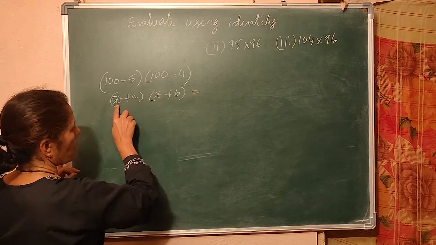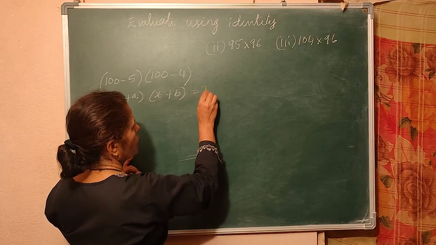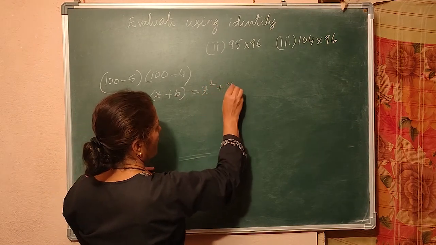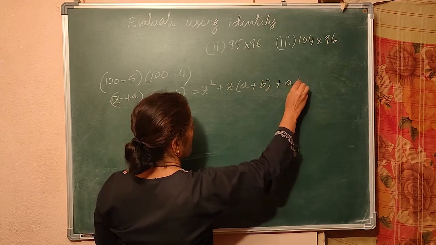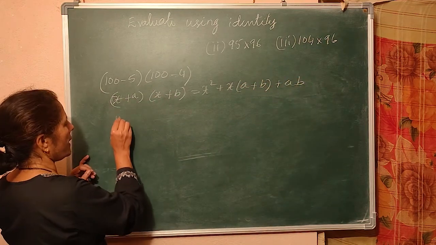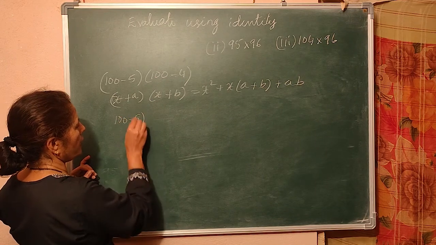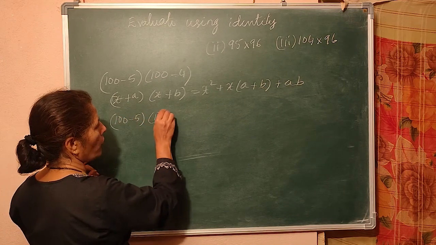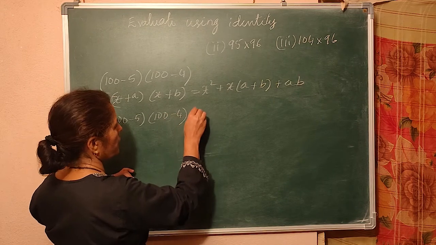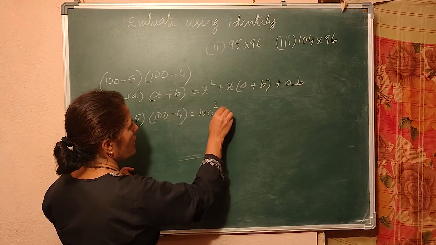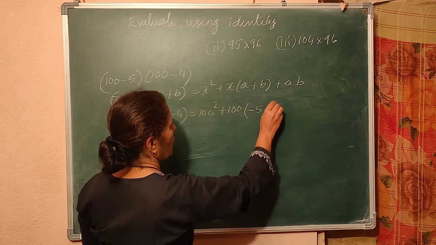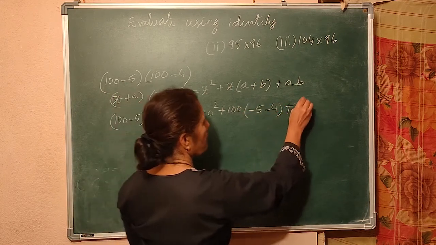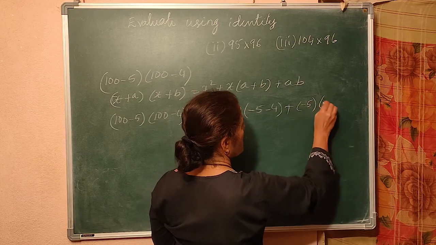So in the place of x, what is a? x square plus x into a plus b plus ab. This is your final answer. Therefore, 100 minus 5 into 100 minus 4 is equal to 100 square plus 100 into minus 5 minus 4 plus minus 5 into minus 4.